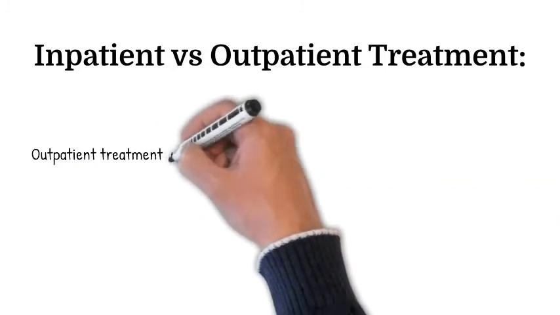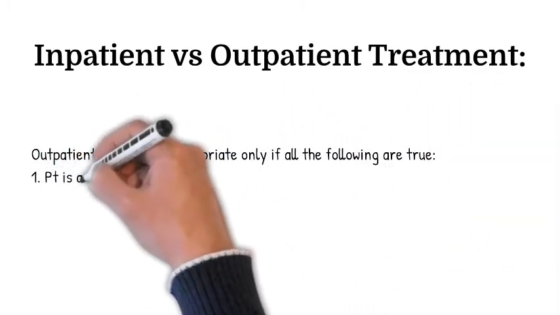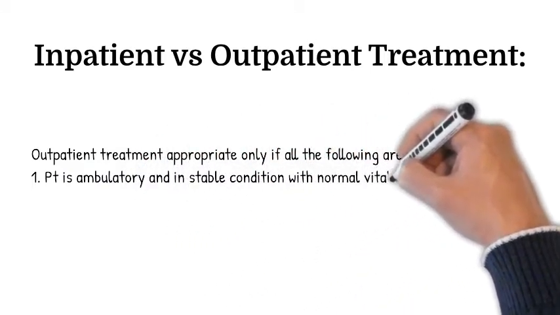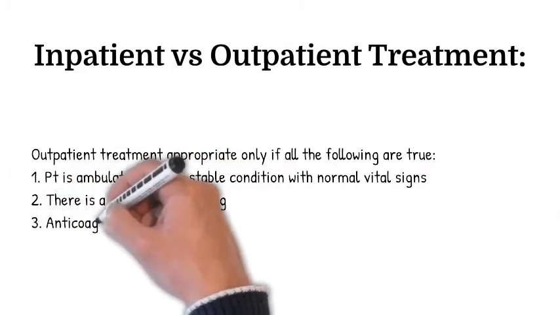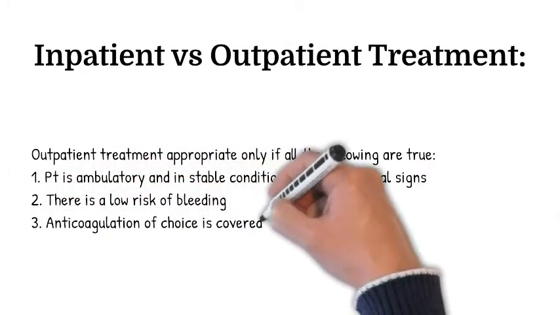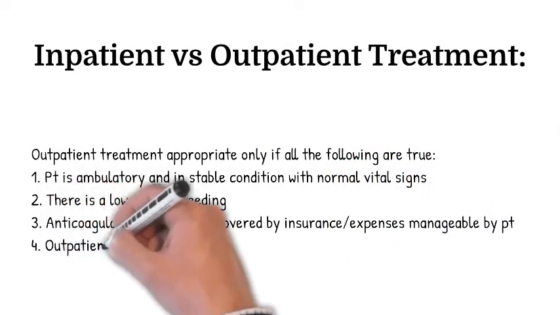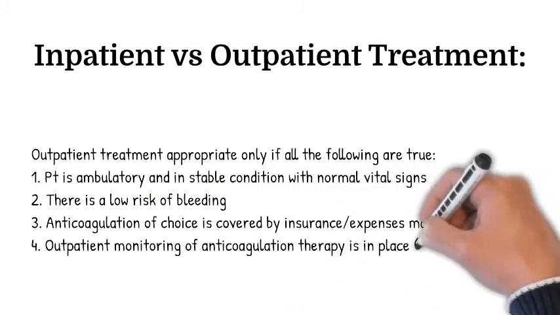So outpatient treatment is appropriate only if all of the following are true. Number one, patient is ambulatory and in stable condition with normal vital signs. Number two, there is a low risk of bleeding. Number three, anticoagulation of choice is covered by insurance and expenses or copays are manageable by the patient.